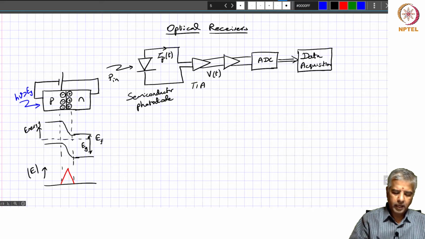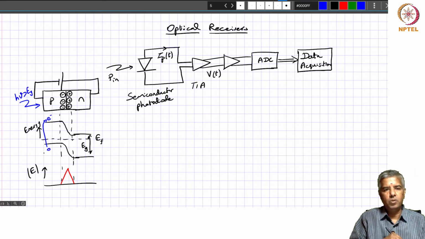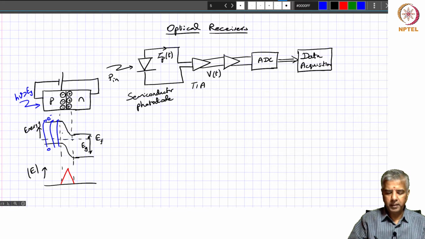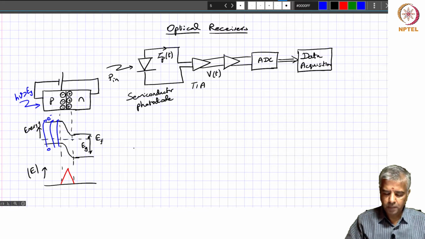So when light actually comes across this region, it will tend to take an electron from the valence band and take it to the conduction band, and it leaves behind a hole over here. So such absorption happens all along the material, and it generates this electron hole pair.